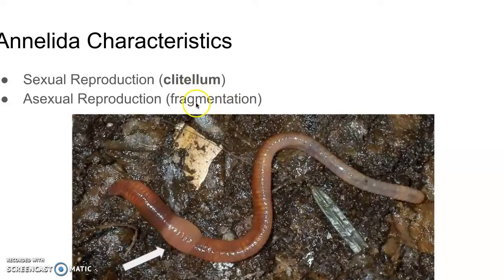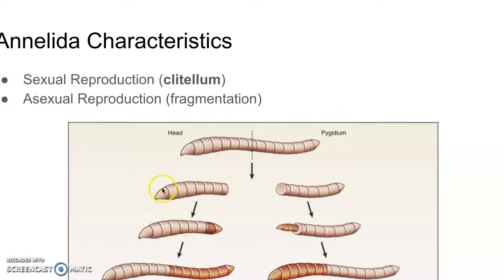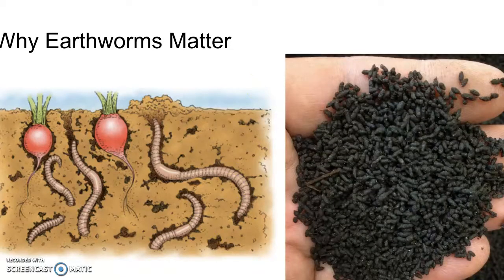The clitellum is where the eggs are held, and it secretes the eggs, and the sperm can also be secreted from there. Speaking of segmentation, if it's segmented just right, it may be able to regenerate itself. But if it's segmented here or here, it will have a much more difficult time.